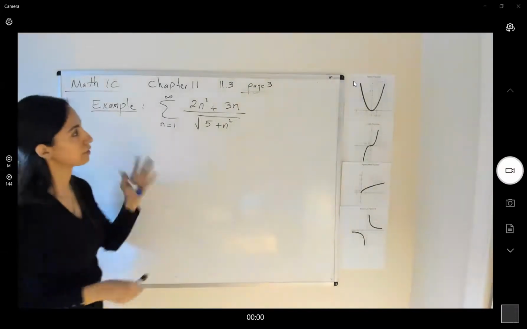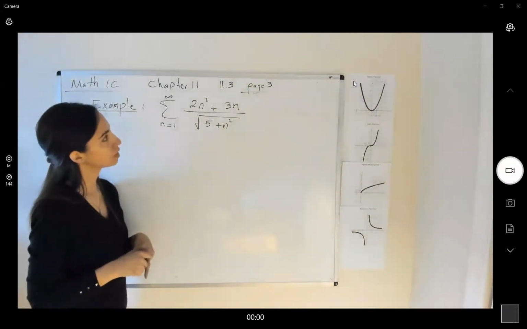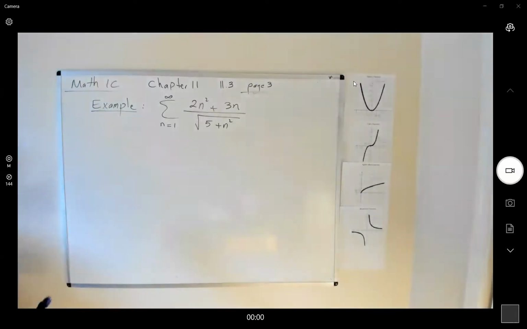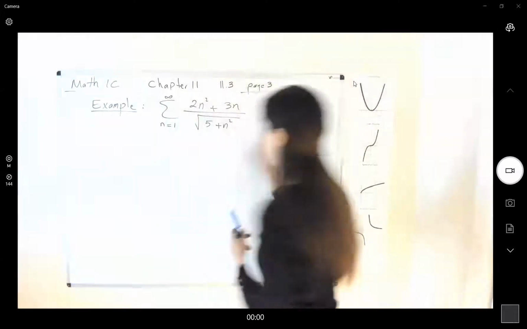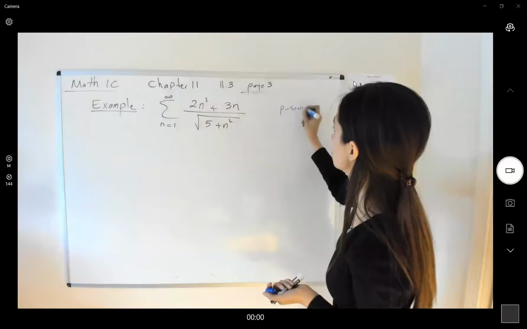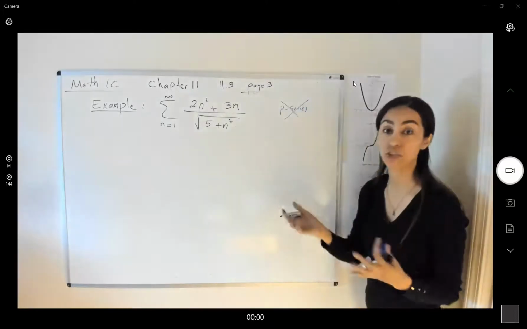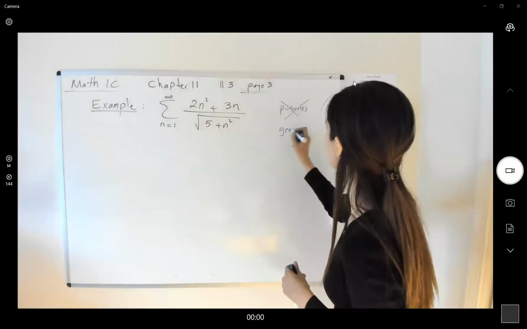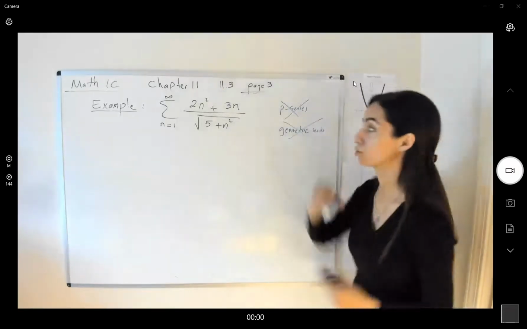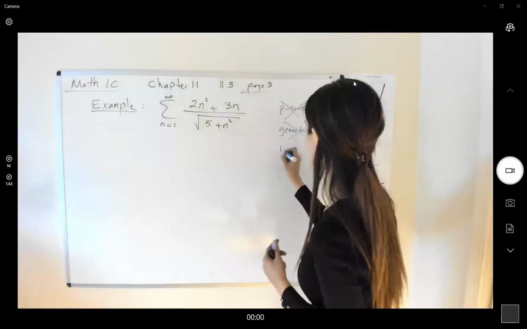Okay, perfect. Let's see what we have here. 2n squared plus 3n divided by the square root of 5 plus n squared. As you can see, this is not a p-series. This is not a geometric series. How do we use the integral test?